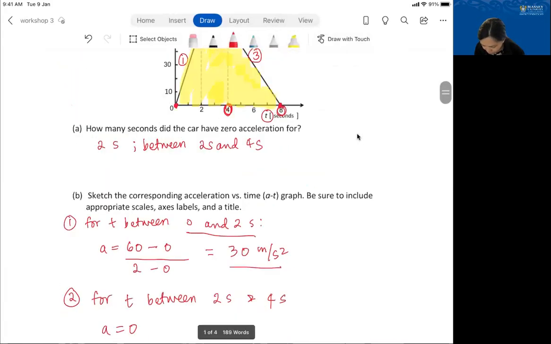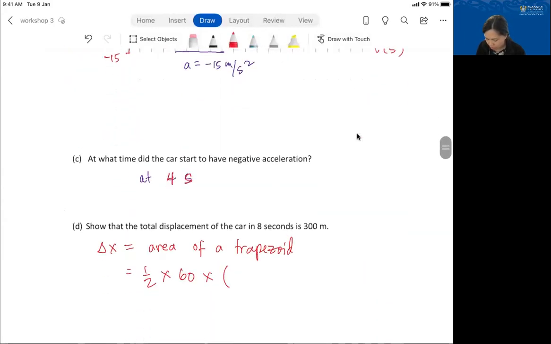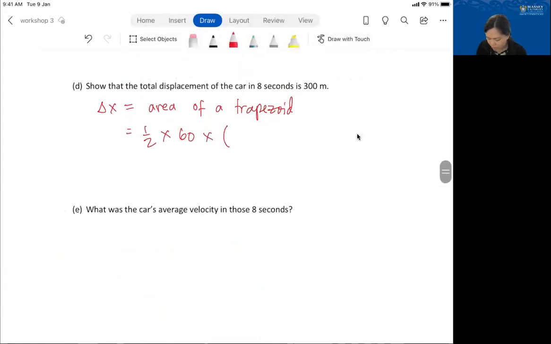Base 1 will be 2 seconds and base 2 will be 8 seconds, the length of that graph here. 1/2 times 60 times 2 plus 8. Okay. So that will give you a displacement of 300 meters. It's positive because the area is above the horizontal axis.